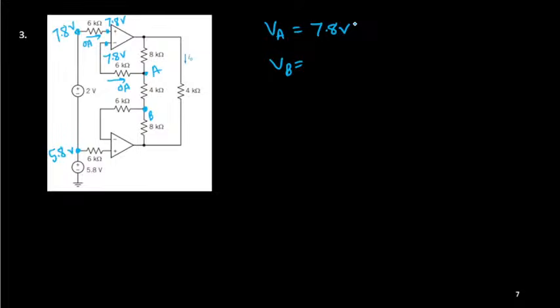It doesn't matter whatever resistance is connected there, the potential will remain the same 7.8 volt. I am assuming that the operational amplifier is ideal. Very similarly, this potential is also 5.8, this is also 5.8 volt. And if it is 5.8 volt, at this point also you will be getting 5.8 volt.